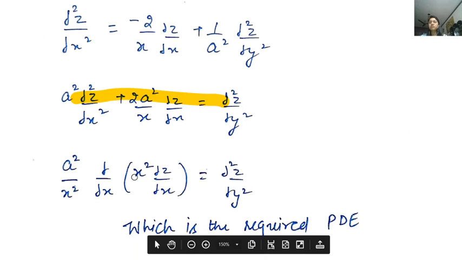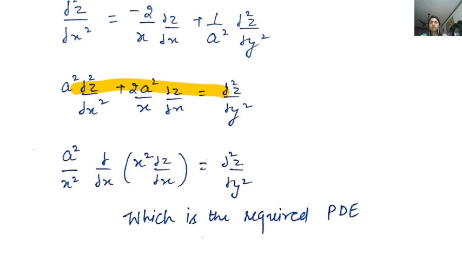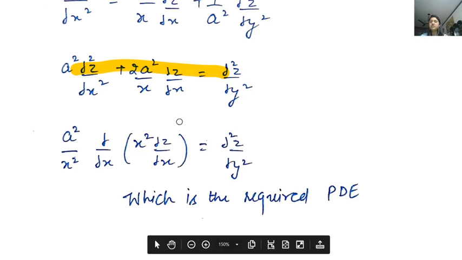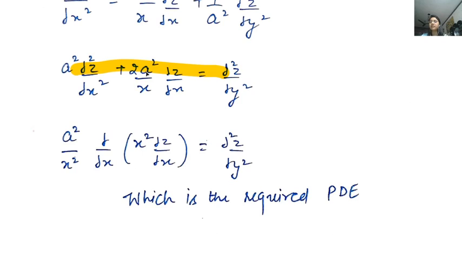If you want to simplify it further, you can combine these two terms like this. When we open this partial derivative, we will get this a square over x square outside. When we differentiate this product with respect to x, for the first term, when we differentiate x square, we have 2x into ∂z/∂x into a square by x square, we will get this term.